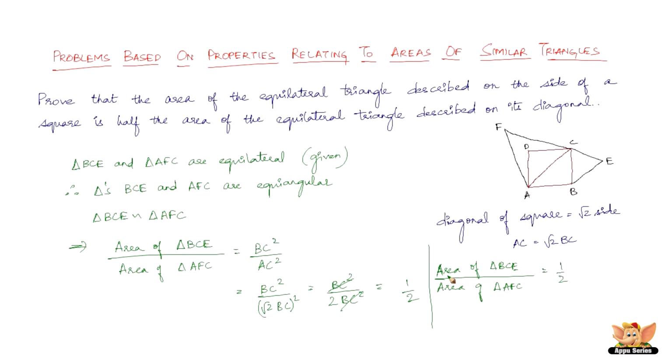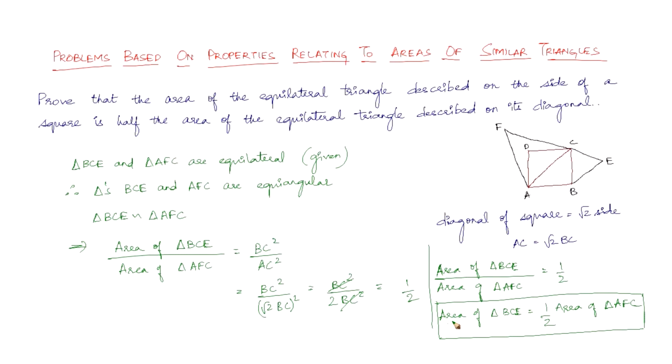So we need to show that the area of triangle BCE is half of the area of triangle AFC. So the area of triangle BCE is half of, let's take it to the other side, so it obviously comes on top, the area of triangle AFC, and hence proved.